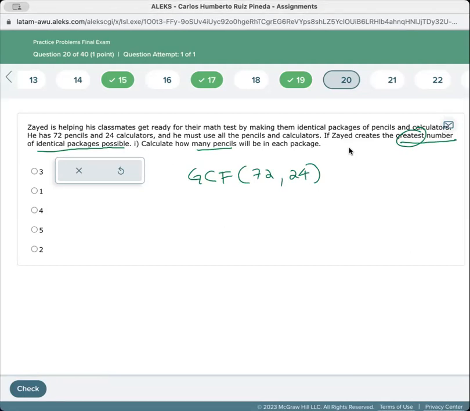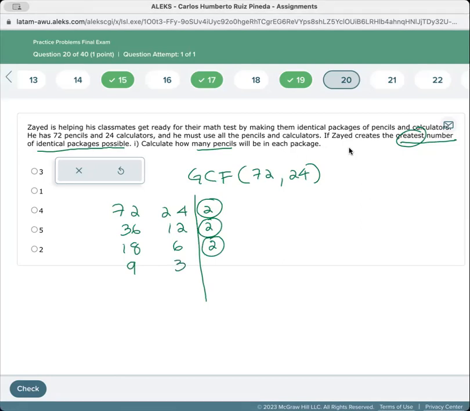So how do we find the greatest common factor? We can use the prime factorization, and whenever one number divides both, we have to circle it. So we start with 2, we circle it because it divides 24 and 72, and then again 2, we circle it, it's 18, 6, again the 2, and this becomes 9, and this becomes 3.